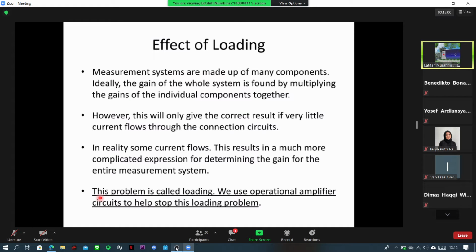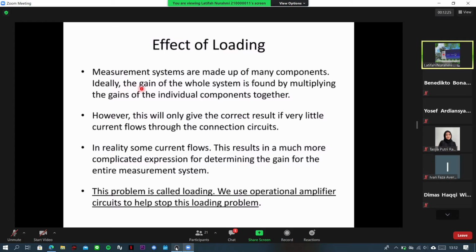The effect of loading. Number one, the measurement systems are made up of many components, right? For example, your thermocouple or your strain gauge or any other measurement instrumentation. It is made up of many components.